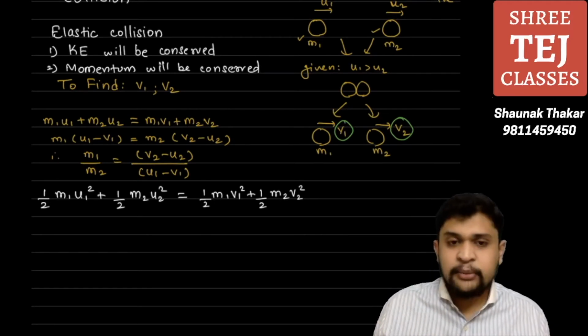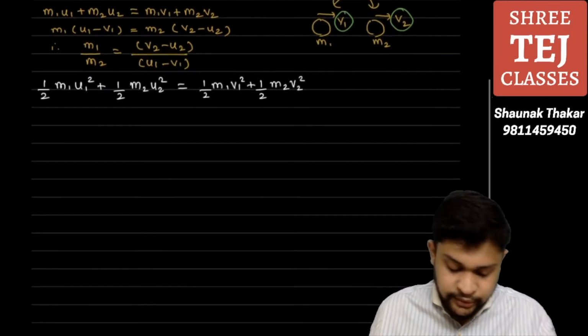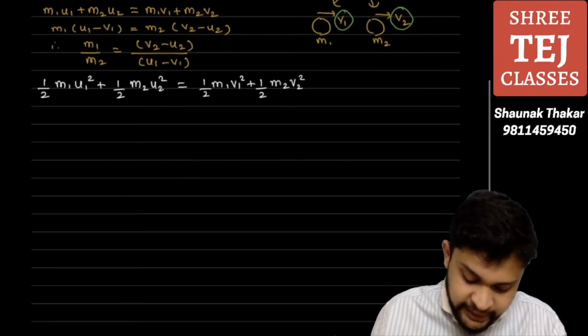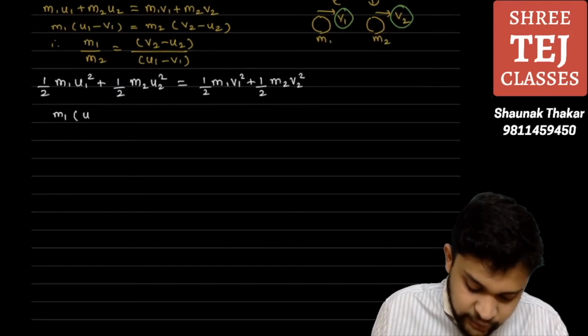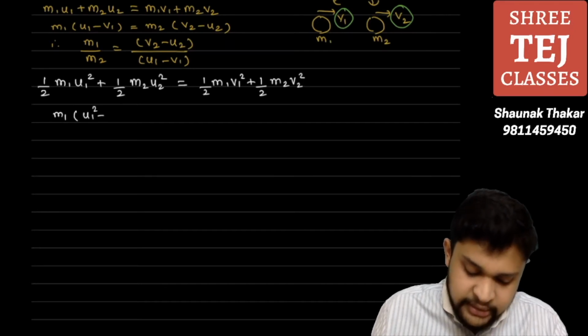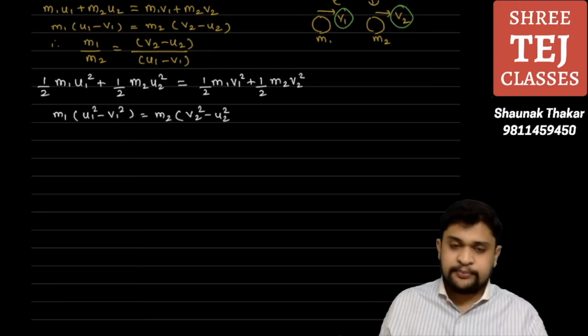Now 1 by 2, 1 by 2, 1 by 2 will cancel from each term. So we will rearrange this a bit and get m1 (u1 square minus v1 square) is equal to m2 (v2 square minus u2 square).